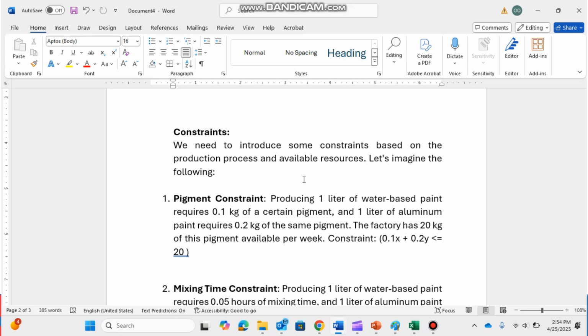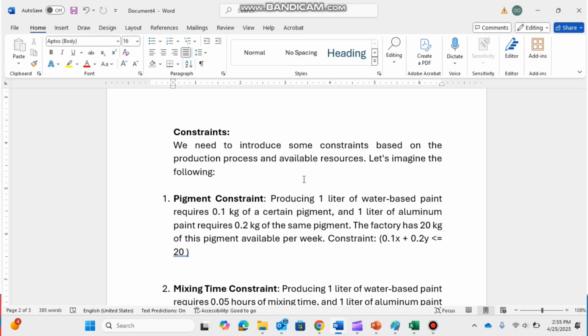So now we understand that this is a pigment constraint, because the pigment constraint here is 20 kilogram of pigment available for production per week. So it has been simply stated by 0.1x plus 0.2y is less than or equal to 20.